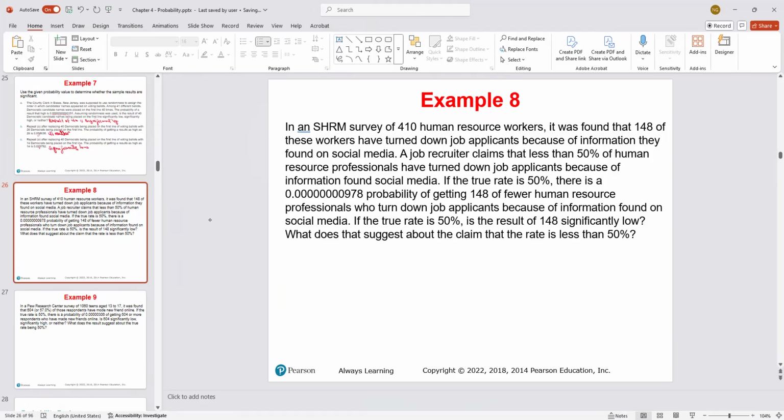When you look at this probability of getting 148 or fewer human resources professionals, you know it's less than 5%. So we can say this is significantly low, because that probability is so low.